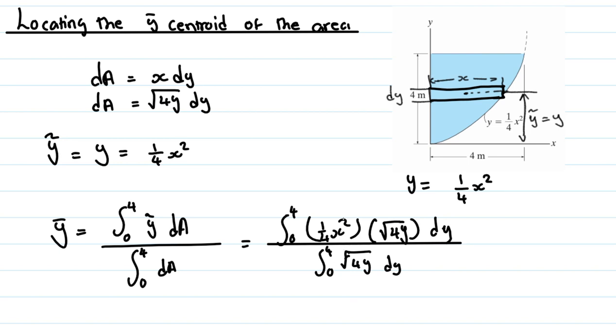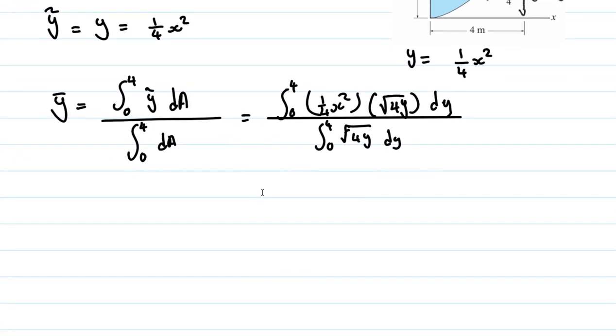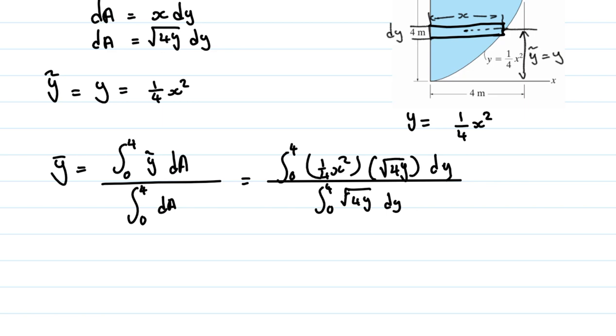Notice that we have x over there, so that x must go. We must remove it and substitute it with the square root of 4y.